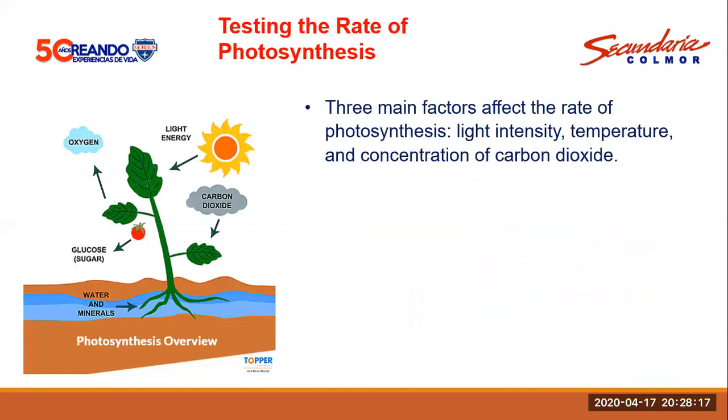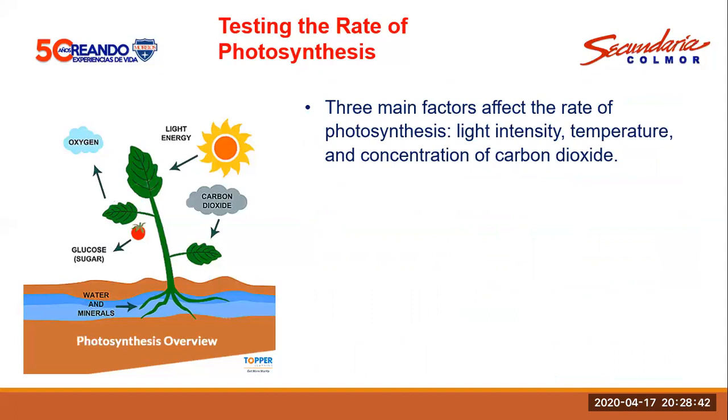So, as I was telling you, the 3 factors that affect the rate of photosynthesis are, number 1, the light intensity. So you can say that the light is bright, a lot of light, and that means very shiny, right? Or dim, not very shiny.